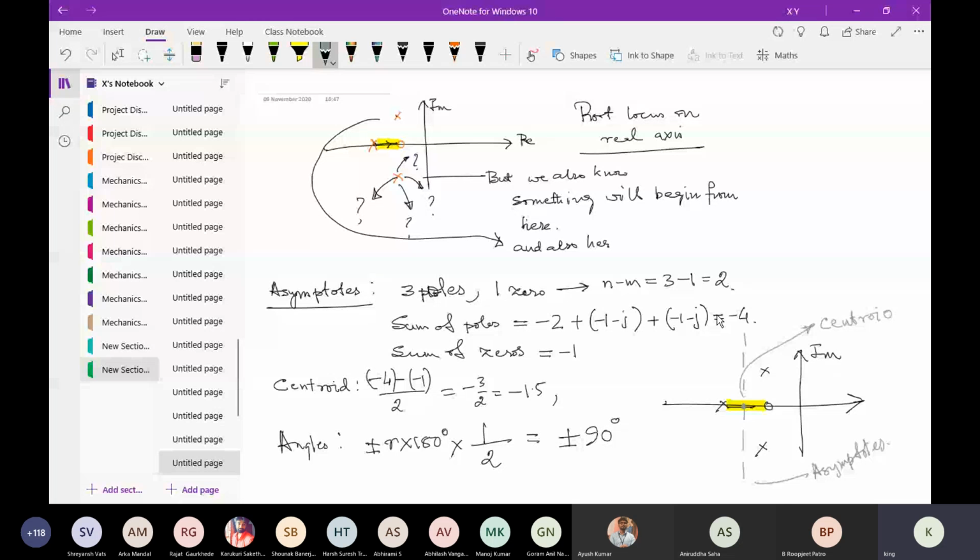So now I have an idea that if this is an asymptote like this, then we are probably going to see something which behaves this way. Okay, so let me use the green pen for one of them.